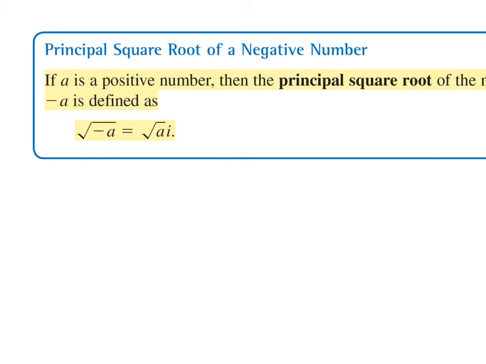This book puts the i behind the square root, but putting it in front of the square root, it's easier to see that that i is not under the square root, so I always like to put it in front. On WebAssign, I think there's 1 or 2 questions where it has an i times the square root, and the answer has the i in front.